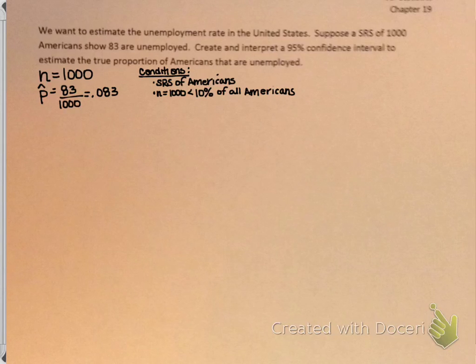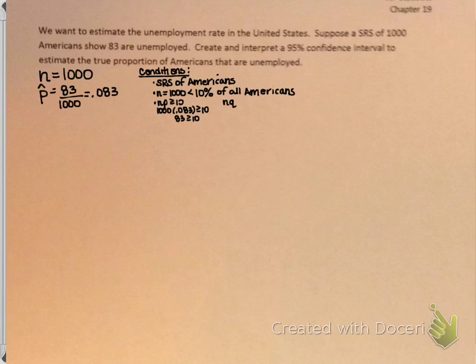Okay. Then we've got our next one, which is our large enough sample condition. So we have to do our NP and NQ. So go ahead and fill that in. Remember, we want it to be at least 10 successes and at least 10 failures. And I should realize almost immediately, as soon as I put some thought into it, that this is definitely going to be satisfied, because in the very beginning they told me that there were 83 out of them.